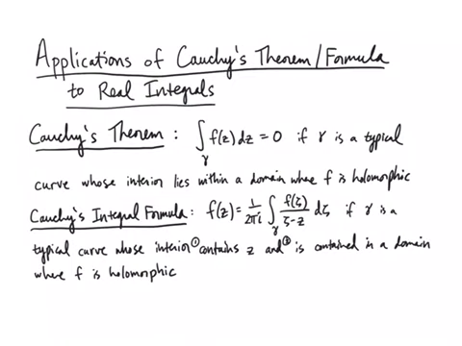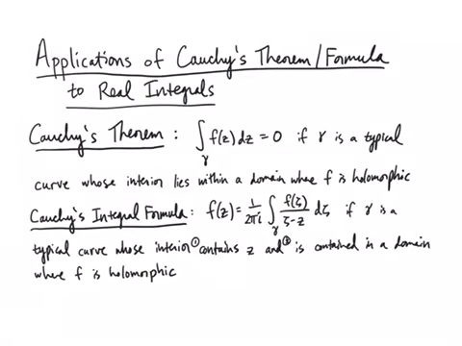Just to be clear, this formula holds when gamma is a typical curve. Again, all those adjectives: closed, simple, piecewise smooth, oriented counterclockwise. And the interior of that typical curve contains z, so the curve is going around z, and that whole interior is contained in a domain where f is holomorphic.